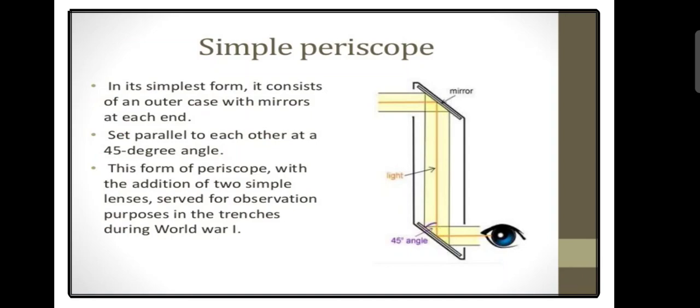This is how a simple periscope looks, and here we know how the mirrors are arranged. This forms a periscope, which has two simple mirrors. It was used during World War I. Yes, so a very useful device.